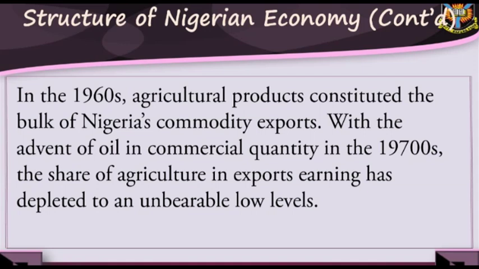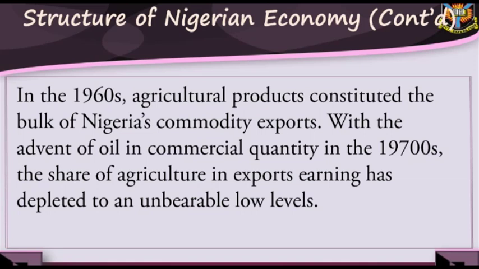This primary-oriented export base portends great implications for both the value added of such exports and the vulnerability of the economy to external shocks. The composition of Nigerian imports since independence has remained almost the same as that of exports, except for a few changes that are noticeable in its contents.